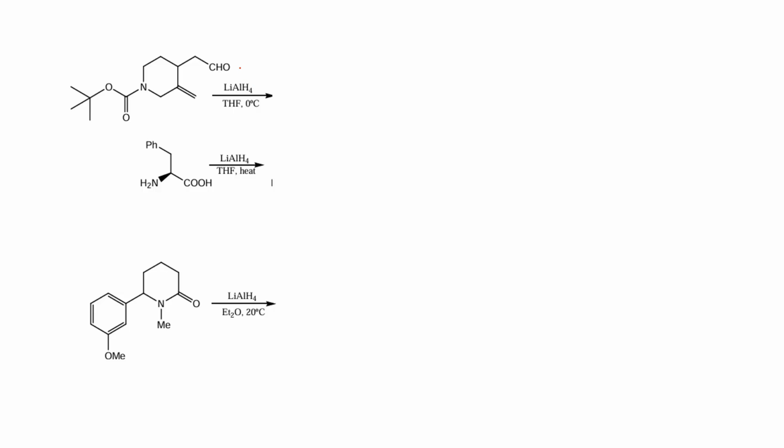LiAlH4 obviously will not affect any NBoc group, but it will reduce this aldehyde, so this part will be the same, just this CHO will be CH2OH. I am not drawing the rest of the part. This part will be all the same, just our aldehyde will be reduced to alcohol.